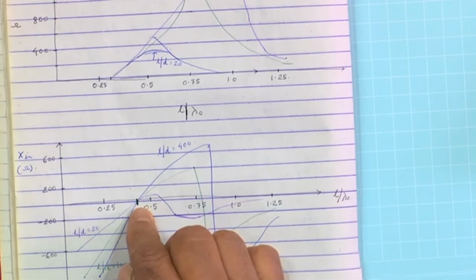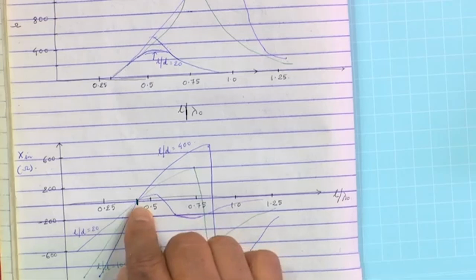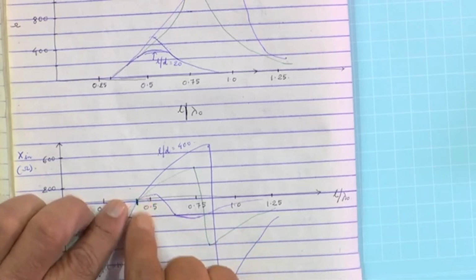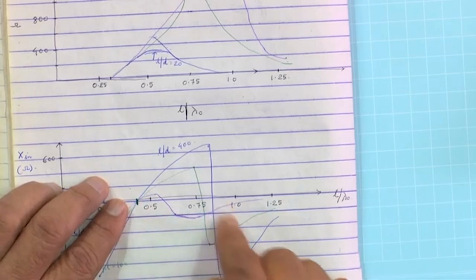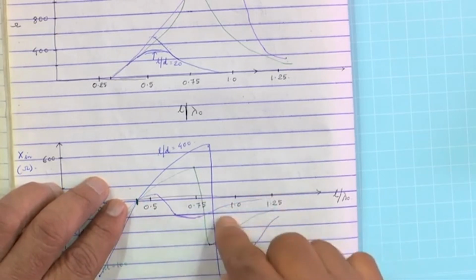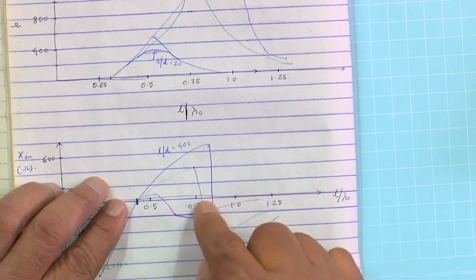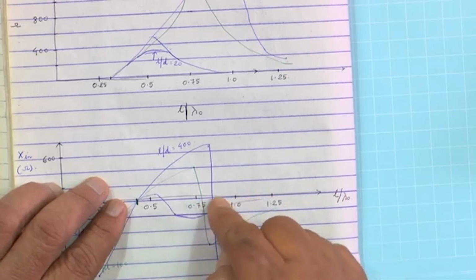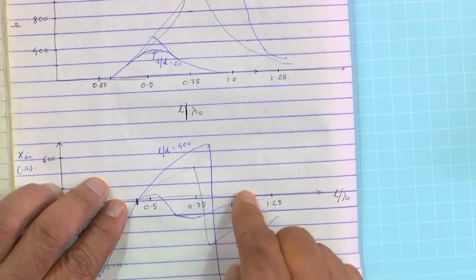So, this is called a resonant dipole, the first resonance. You can see that there is also another resonance that takes place somewhere near 0.75 or 0.8 etc.